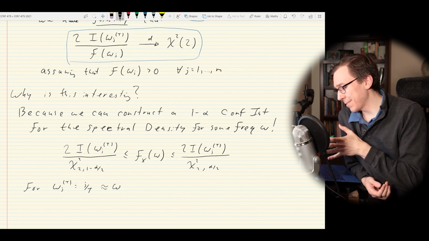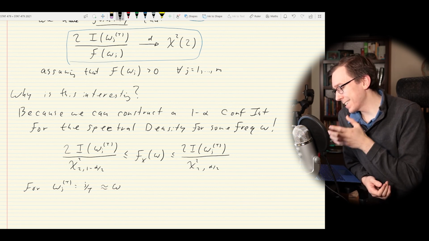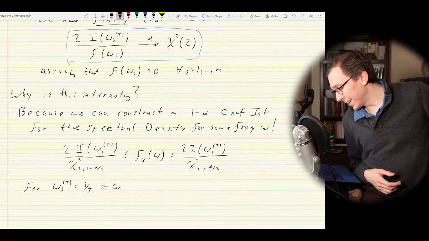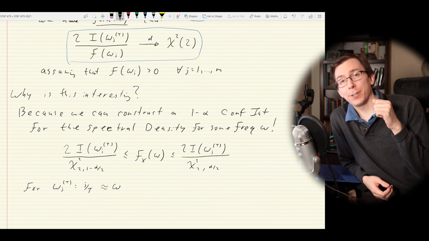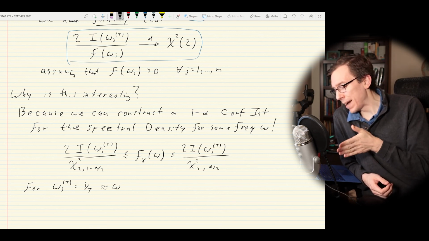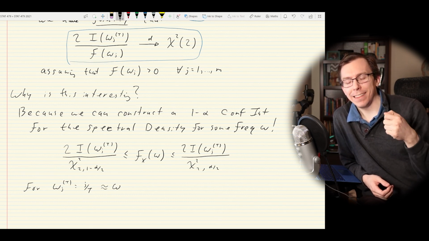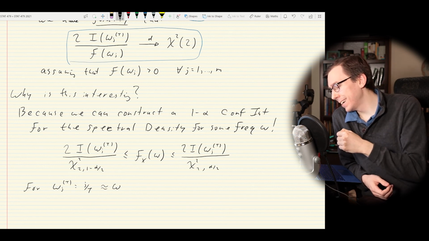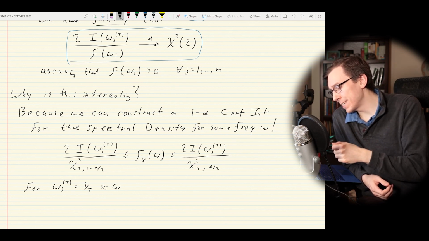What I was saying is that here we have a nice confidence interval for the spectral density. This is really nice because it tells us that if I can estimate my periodogram at a bunch of discrete frequencies, omega_j's, then I can estimate what I think the true spectral density will look like at some given frequency omega.